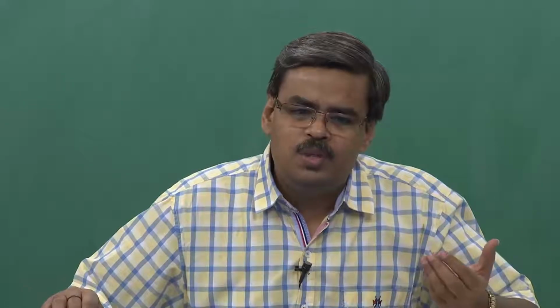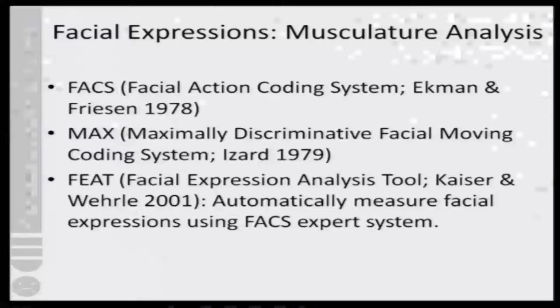Now, we will not go into the details, but just to mention to you that there are now coding systems, specialized software programs which are specifically designed for musculature analysis. The first one is the FACS, the Facial Action Coding System, which came forward in 1978, and Ekman and Friesen get the credit for it.